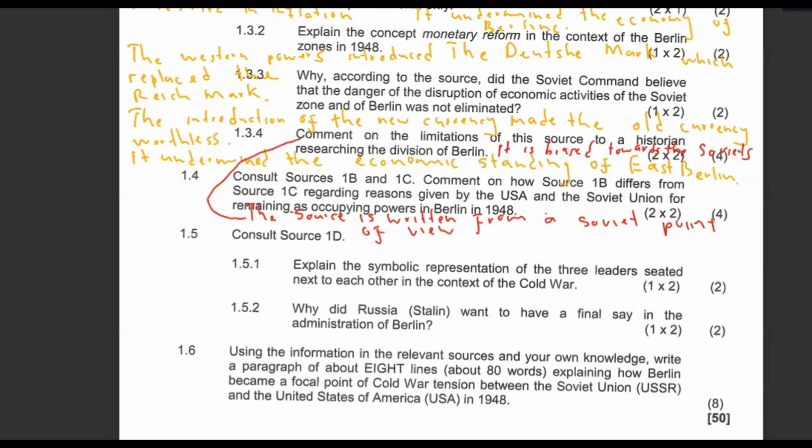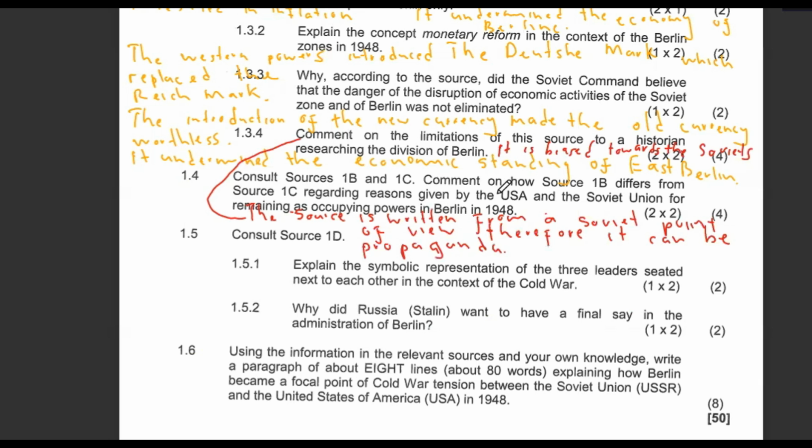Therefore, it can be considered as propaganda. It can be propaganda. So you can actually say it is an unreliable source. So this will be the response for question 1.3.4.